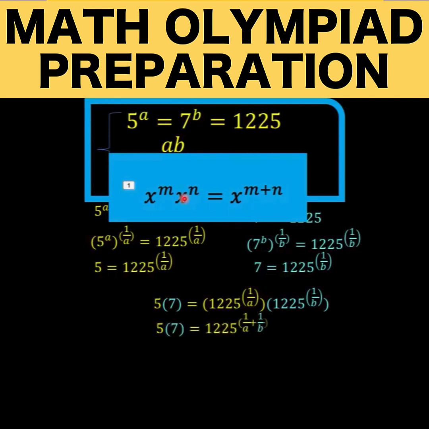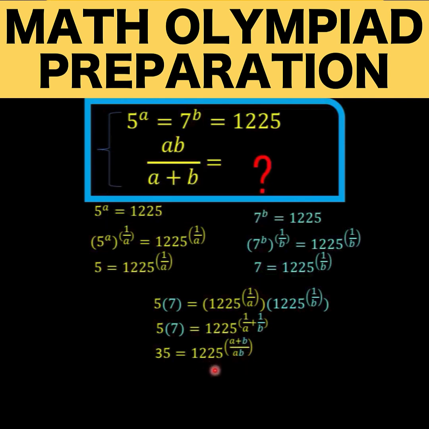So that is what we are going to do here. We just copy the common base and we add 1 over a plus 1 over b. And that resulted to the product of 5 times 7 is 35. We copy the base, and 1 over a plus 1 over b is equal to a plus b over ab.